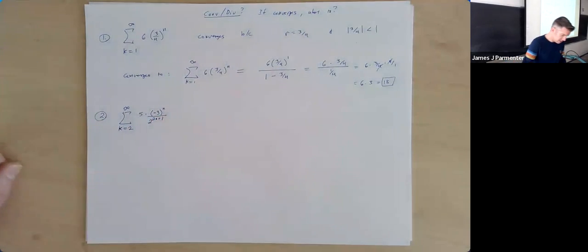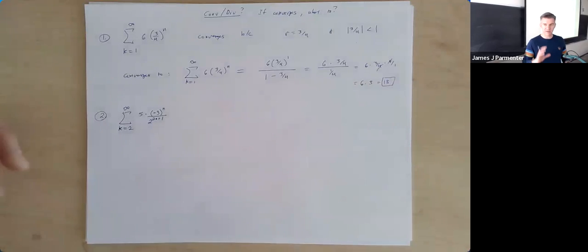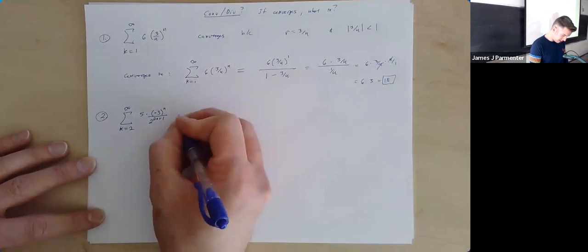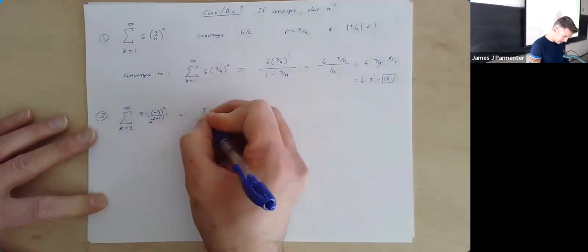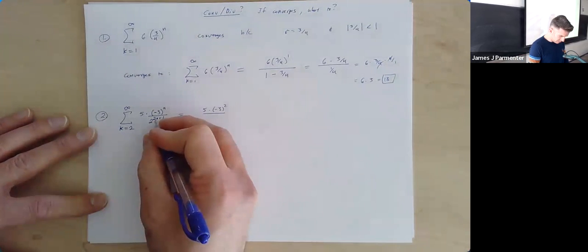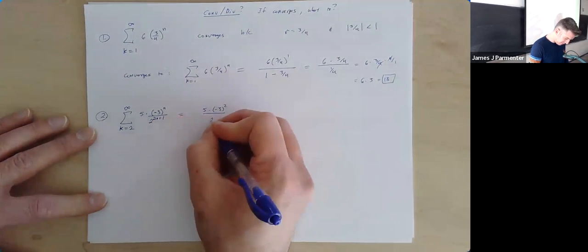Oh, that's fine. So when you have something like this, where you've got things raised to the nth power, it can be kind of unclear what your ratio might be. One way to attack this is to start writing out terms. So we start with k equals 2. My first term is going to be 5 times negative 3 squared over 2 to the 4 plus 1, which is 5.